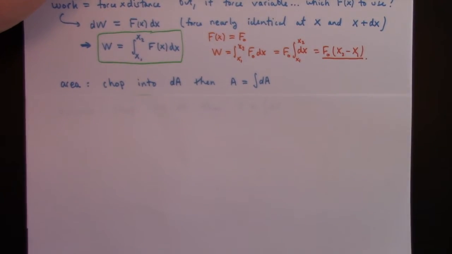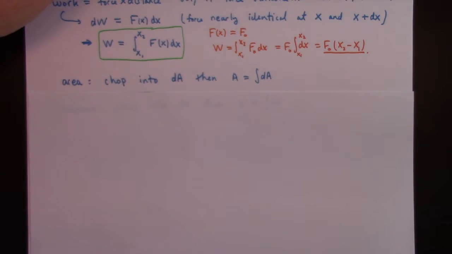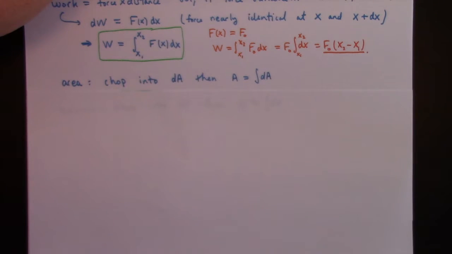The other thing, of course, we've already talked about, is to calculate the area of some curvy shape. You can chop it into little dAs that you understand. The dAs we understand are really rectangles, horizontal or vertical, but you could also chop a circle, for example, into triangular shapes and calculate the area like that. There are other approximating schemes other than rectangles, but usually we stick with rectangles.